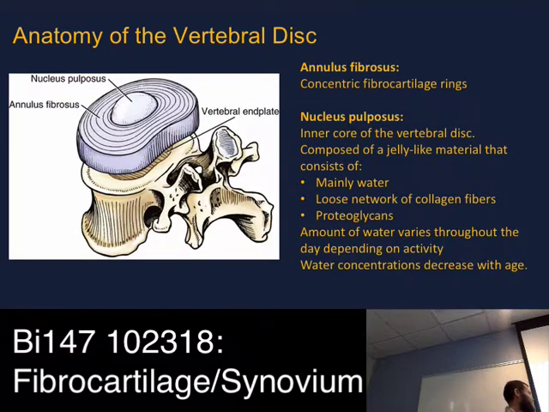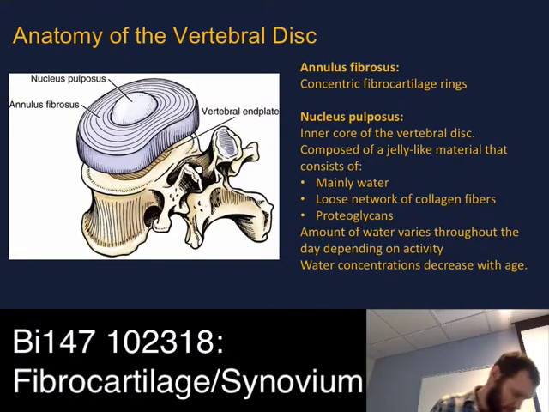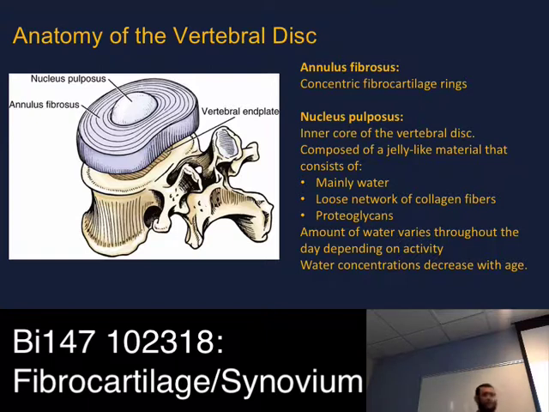So the annulus fibrosus, this is our fibrocartilage. Lots of collagen, and the path of the fibrocartilage is running in a ring around it. At the middle, there's this jelly, the nucleus pulposus. Does anybody use Asics shoes?